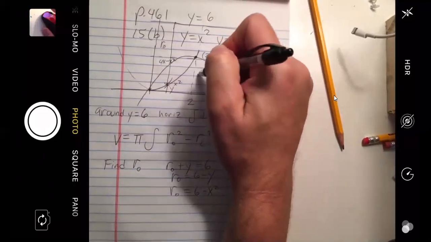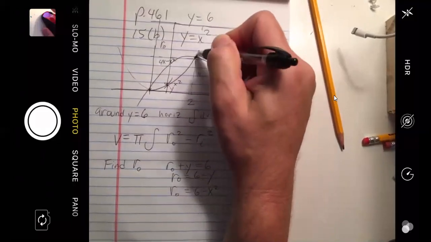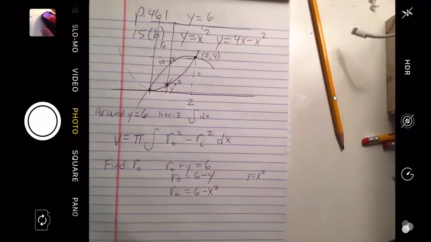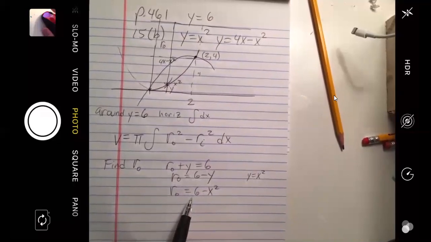You're up 4. This is 4. This would have to be 2. Your outer radius would be 2 right there. Tough to write all this down. It gets into the gibberish. Any questions about the r outer? Not hearing any. Are we ready for r inner?